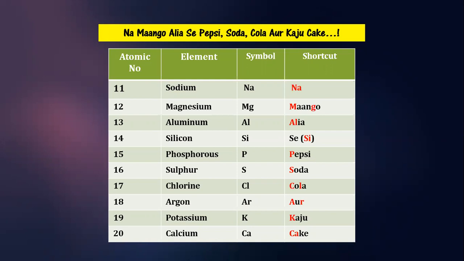So now coming back to what we were discussing before. As we said, atoms give electrons, share electrons, or take electrons in order for them to become stable.